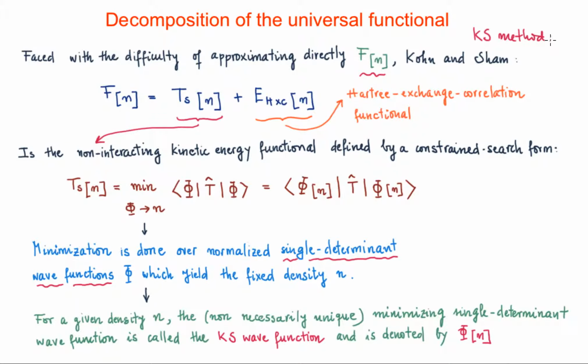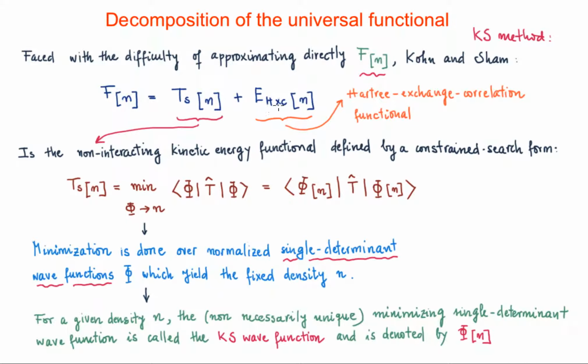They decomposed that universal functional into two different terms. One was called TS, which we're going to define next. And the other one, which is going to be the rest, we're going to call the Hartree exchange and correlation functional.